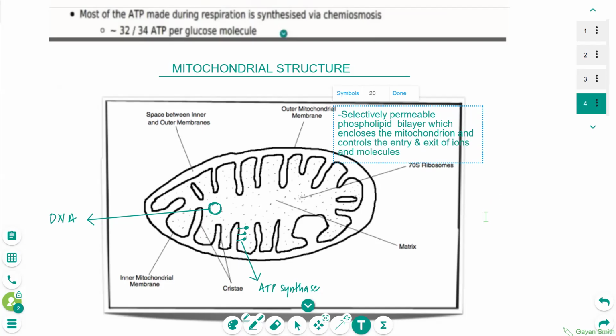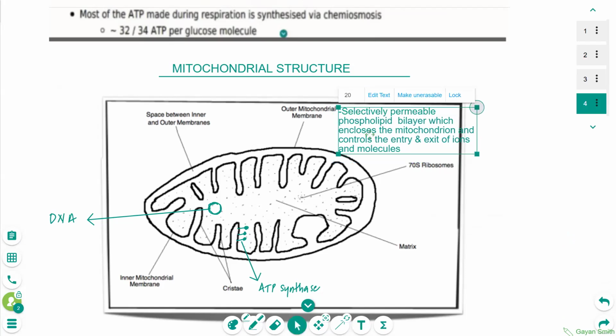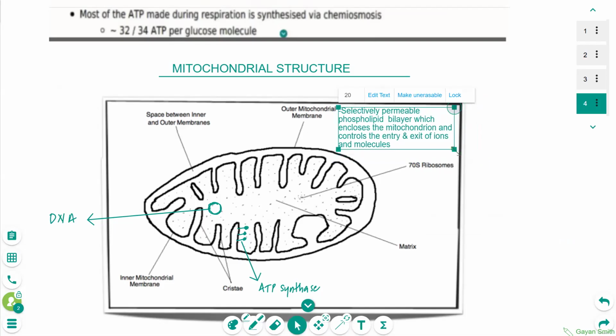So my attempt right now is to give you a description for each of the structures.